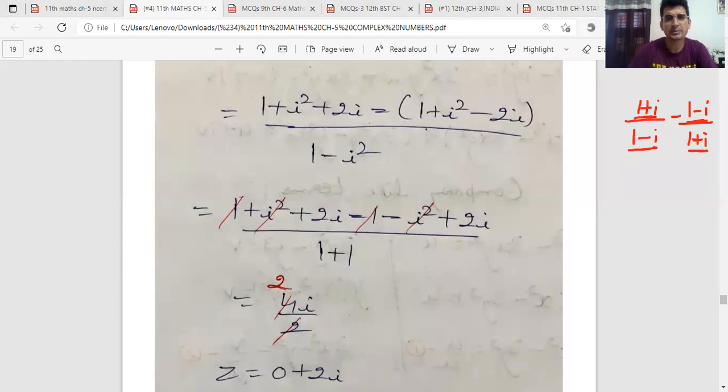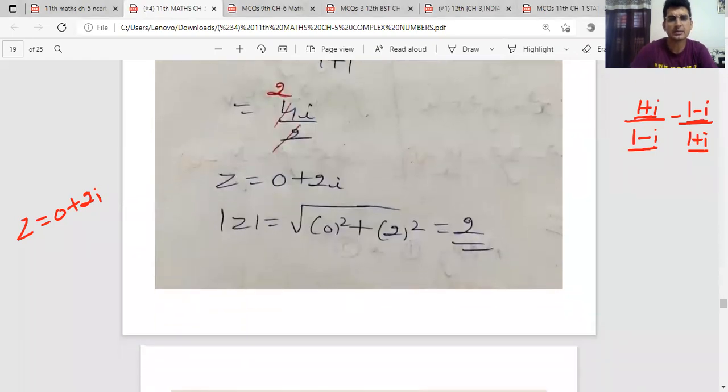Value of iota square is minus 1. The 1 and 1 will be cancelled out, iota square minus iota square will cancel out. 2 iota plus 2 iota, that is 4 iota, and in the denominator 1 plus 1, that is 2. So finally the value of the complex number will be equal to 0 plus 2 iota.